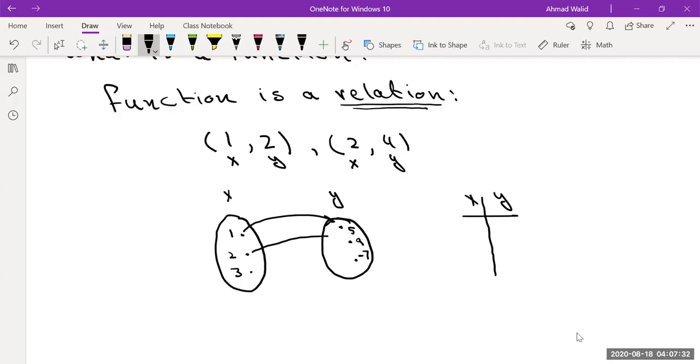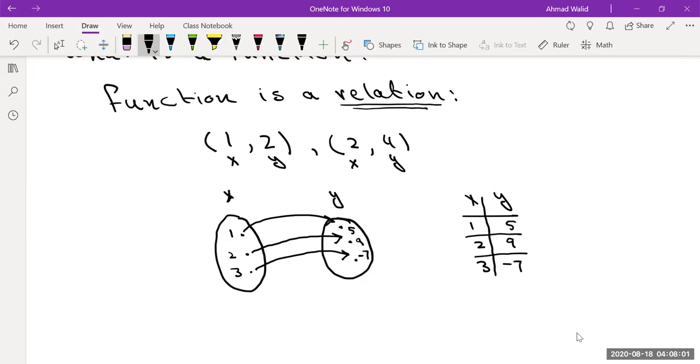When x is 2, your y is 9. When x is 3, y is -7. Or the same way I can represent the same diagram here: 1, 2, 3, 5, 9, -7. When x is 1, y is 5. When x is 2, y is 9. When x is 3, y is -7.